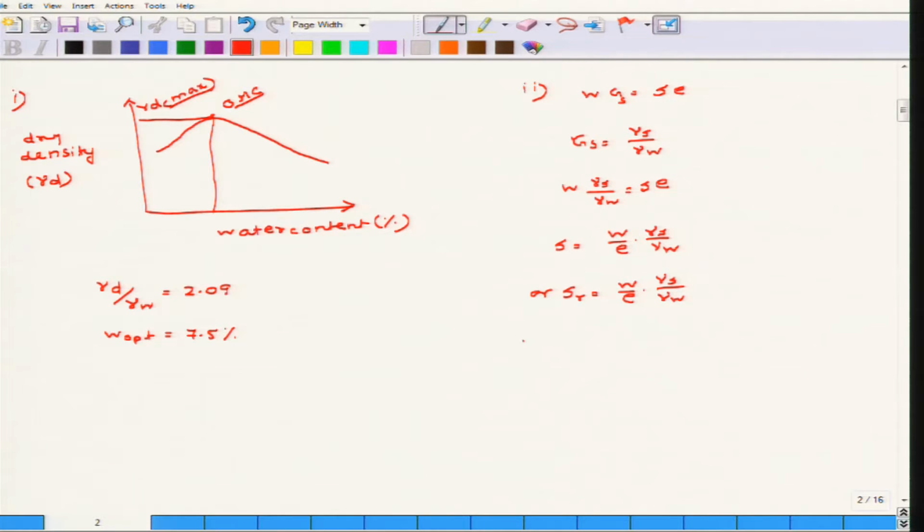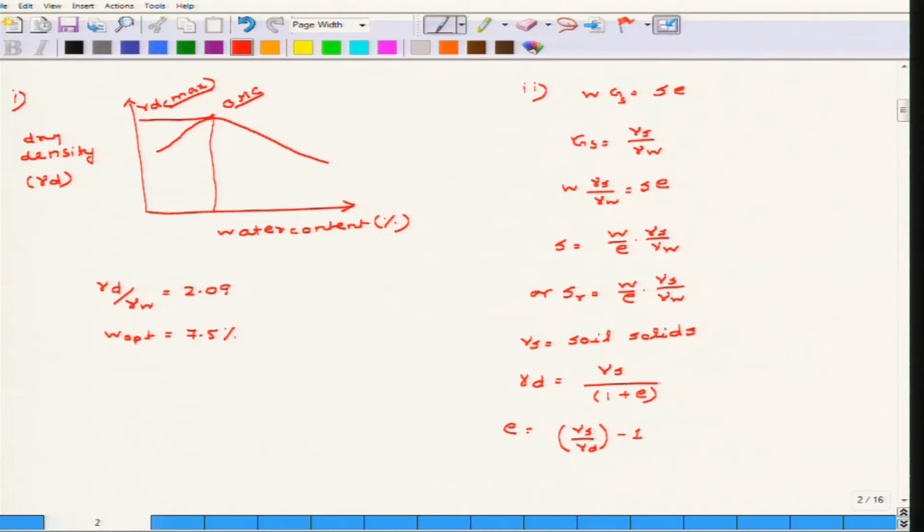Again, gamma S generally corresponds to the soil solids, and it generally relates to the dry density. So gamma D is equal to gamma S by 1 plus E. From here you get that E is equal to gamma S by gamma D minus 1. Now how do we get this relation?